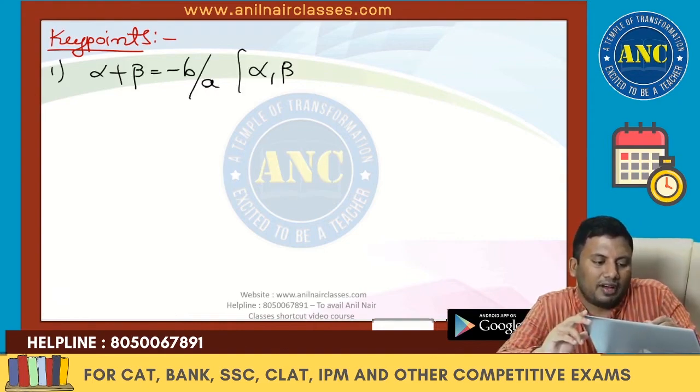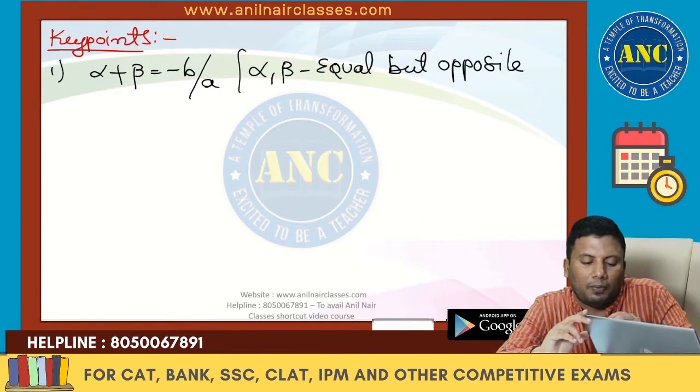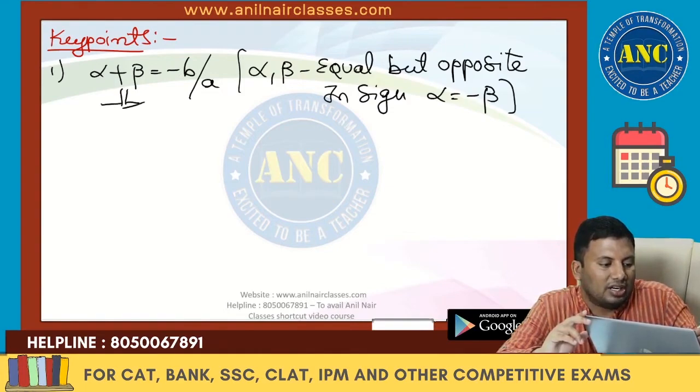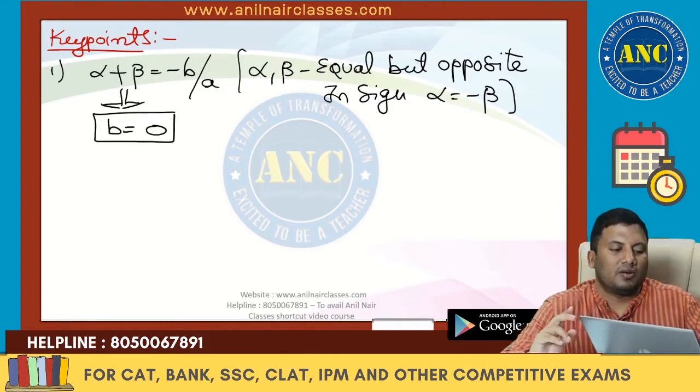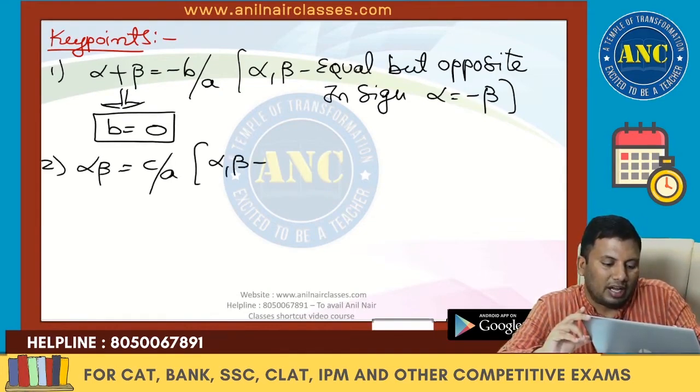If alpha and beta are equal but opposite in sign, that means alpha equals minus beta, what will be the condition? B is equal to 0. Alpha beta equals c by a. Alpha and beta are reciprocal to each other.